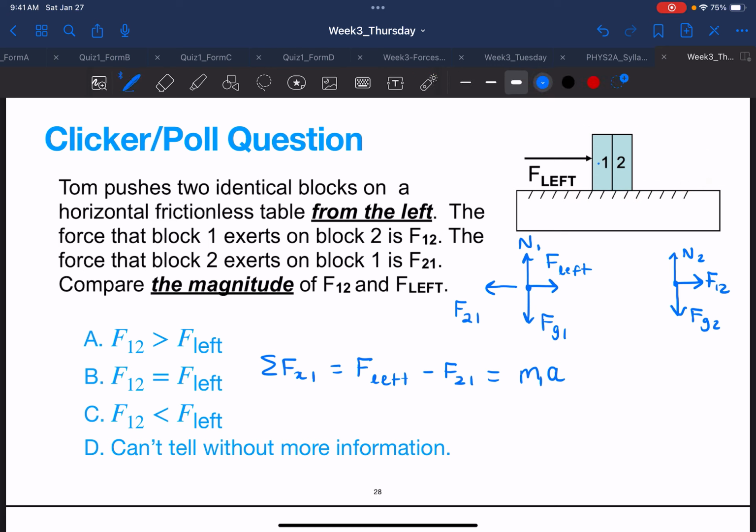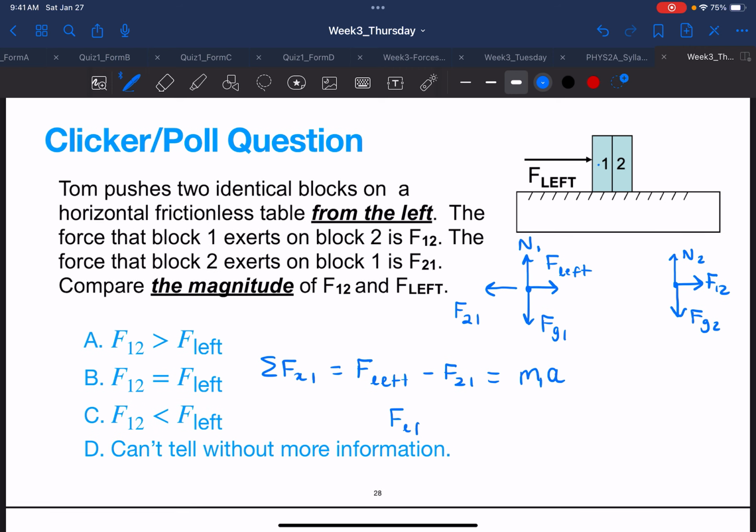So according to this, in order for the acceleration to be going to the right and be positive, F left has to be greater than F21. And F21 is equal in magnitude to F12. So if we make that argument, we can also say that F left is greater in magnitude than F12.